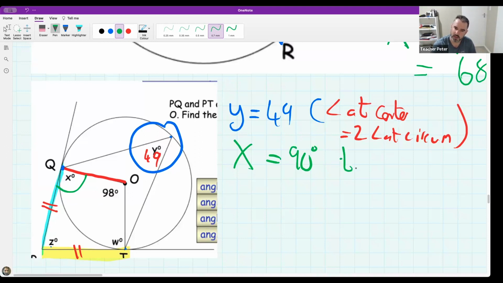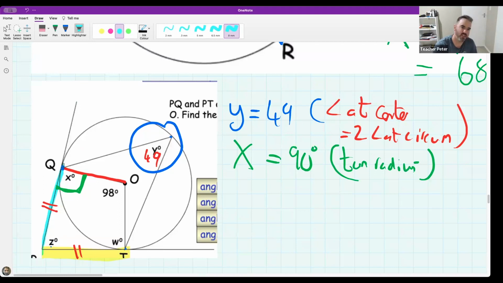Yeah, it's tangent radius theorem, and it's going to be 90. It's just that the tangent is so funnily written up on the side here, but it is 90. So let's put that in here.